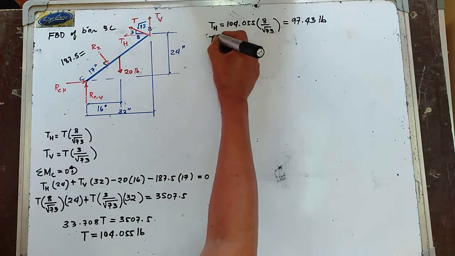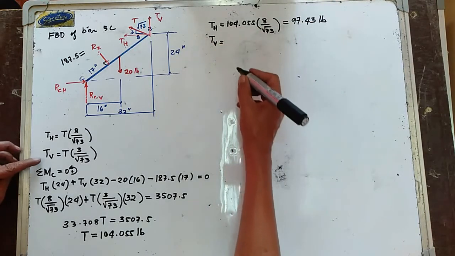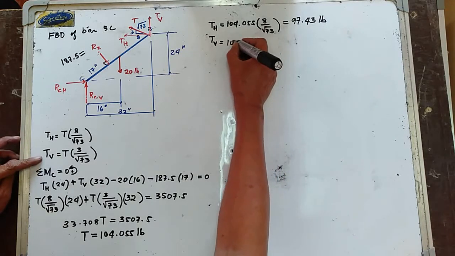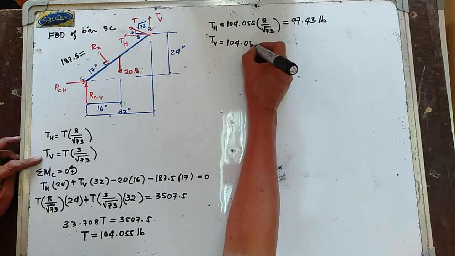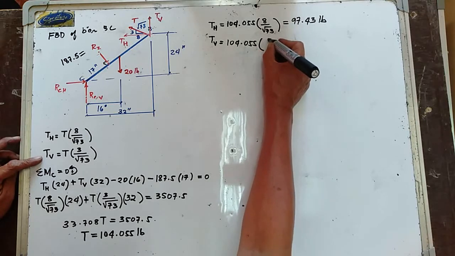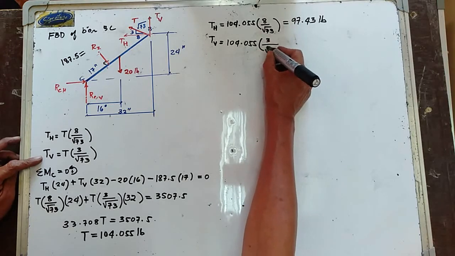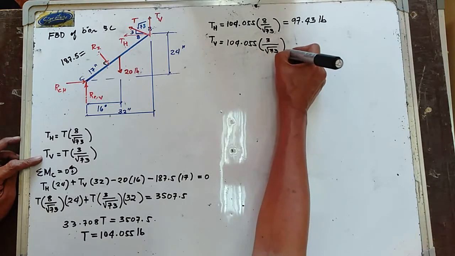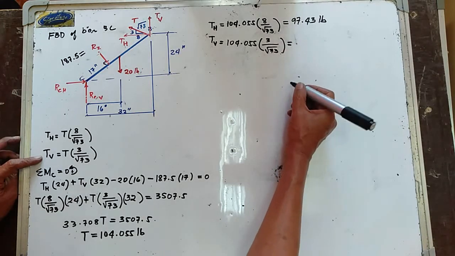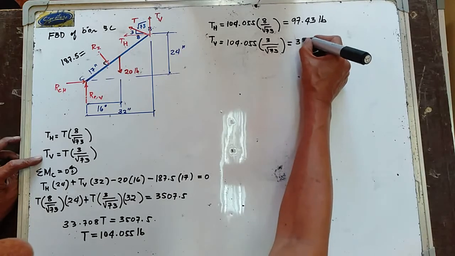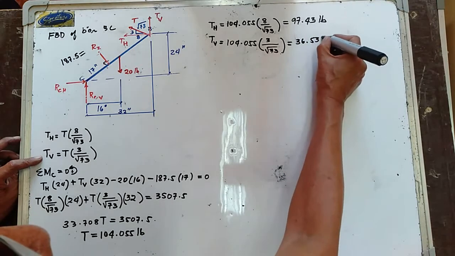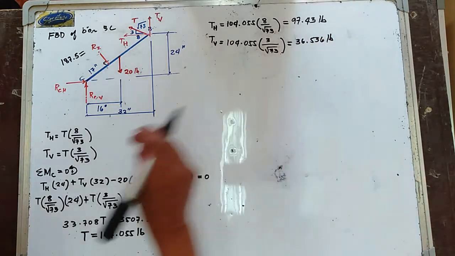And then your T vertical is equal to T, 104.055, multiplied by 3 over the square root of 73. That is equal to 36.536 pounds.